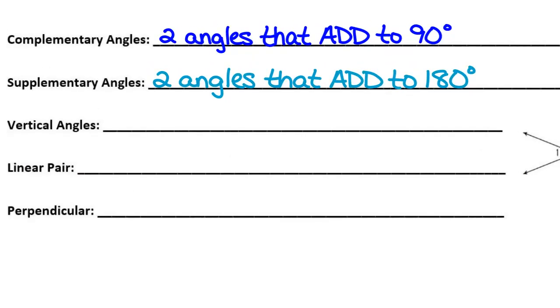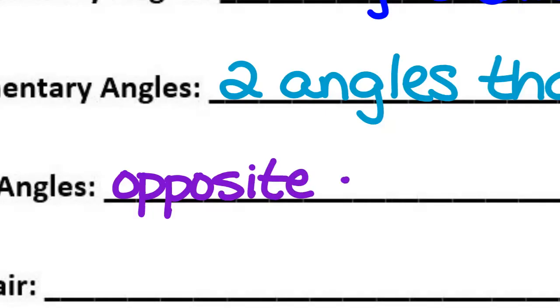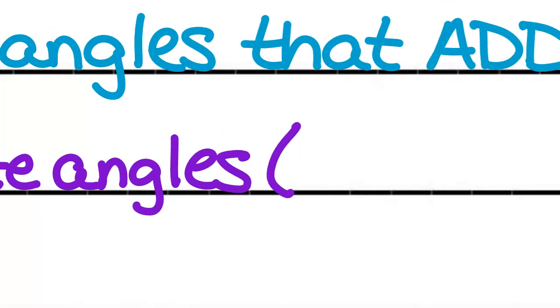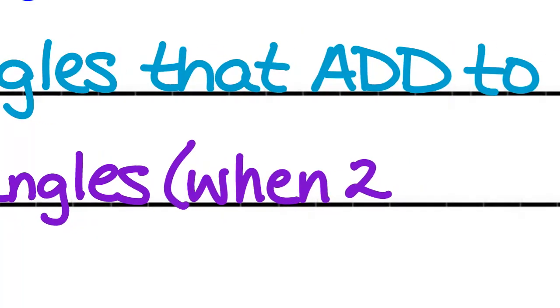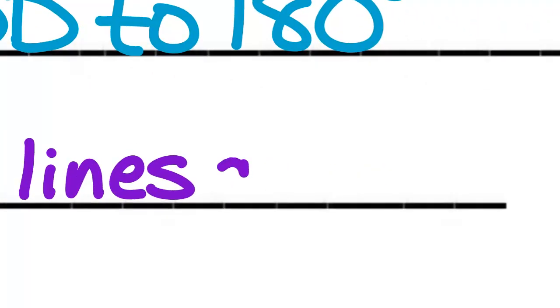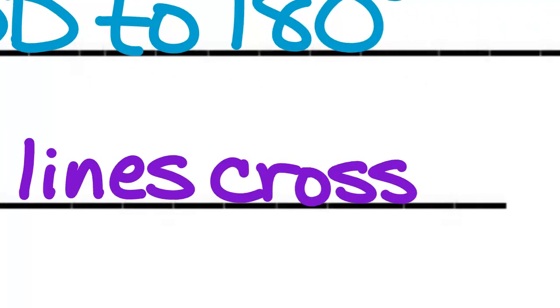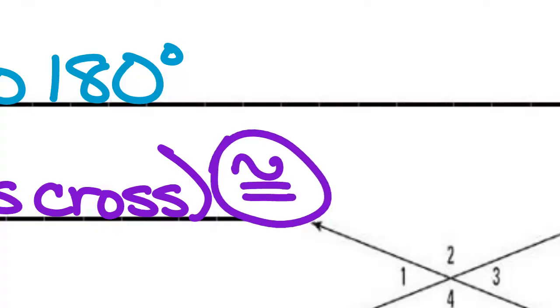Vertical angles, these are opposite angles when two lines cross. And they are congruent.